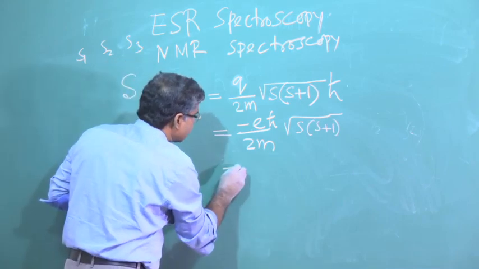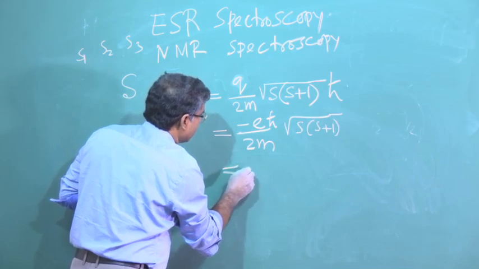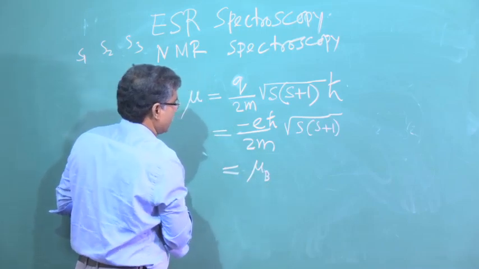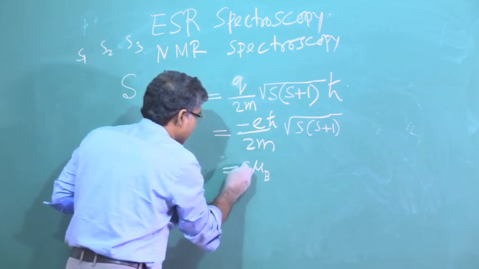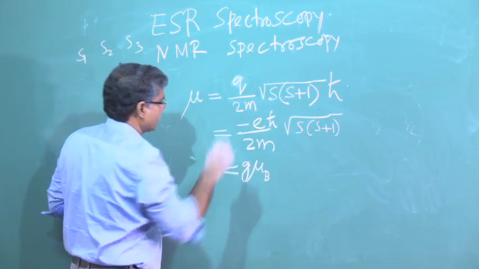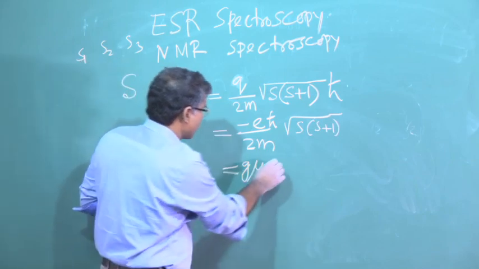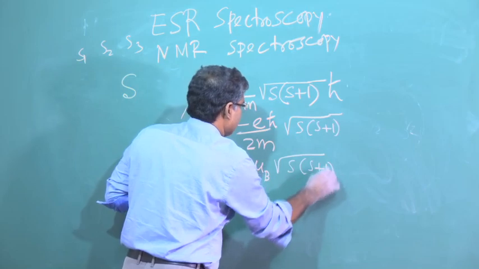And this is written generally with g: mu equals g mu B times square root of S(S plus 1). Okay.